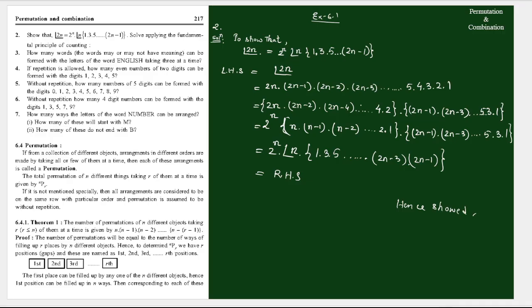So you can write it as factorial of 2n equals 2 to the power n into factorial n into 1 3 5 dot dot dot up to 2n minus 1. Hence proved.